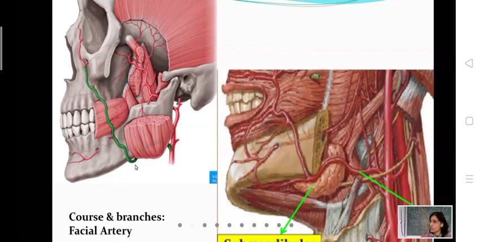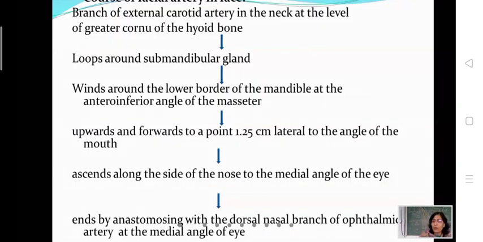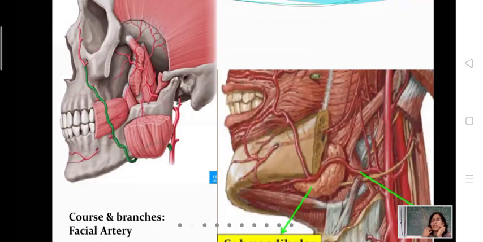Why is this artery tortuous? Because to prevent the kinking of the artery, or the stretching of the artery, because there is excessive movement of the face due to the movement of the jaw, and because of the movement of the muscles of the face, and this facial artery lies onto the face.